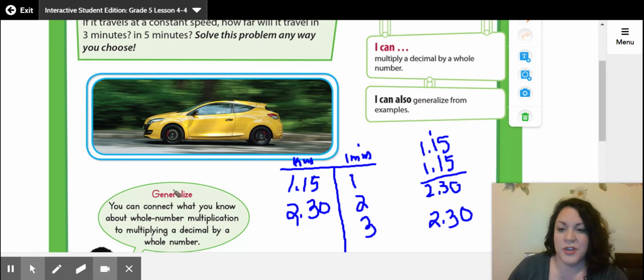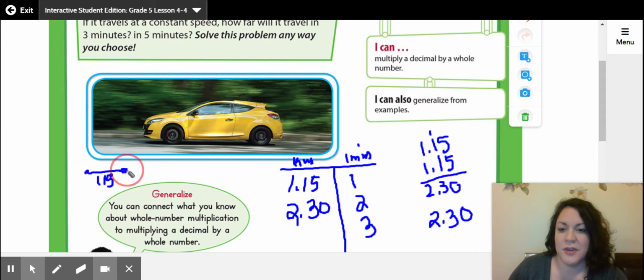Maybe now I'm going to do a picture that I can even draw over here. This is how far it goes in 1 minute. 1.15. Okay, oops. 1.15. That's for 1 minute. And I like to put my little dots right there so I remember. Okay, he went this far in 1 minute.